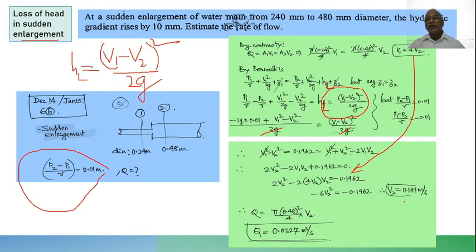So V2 can be found to be 0.181. Hence Q is equal to A2 into V2. A2 is because of 0.48, so pi d squared by 4 into V2. So it comes out to be 0.0327 meter cube per second, or 32.7 liter per second is the discharge.